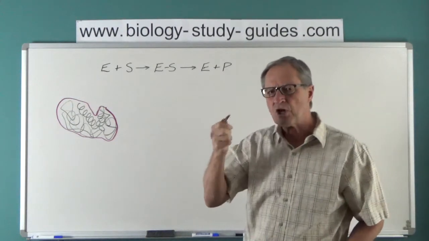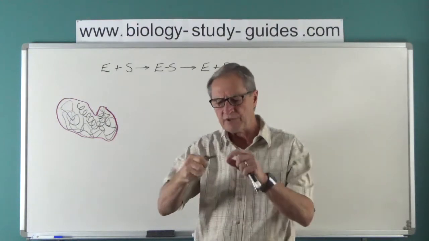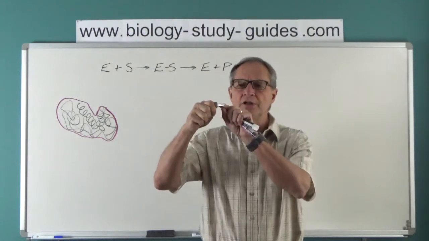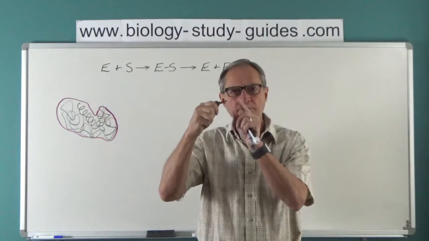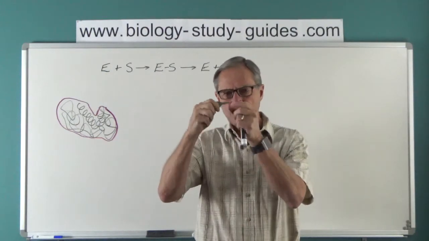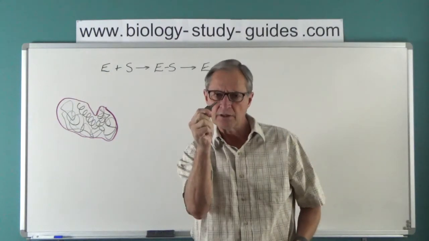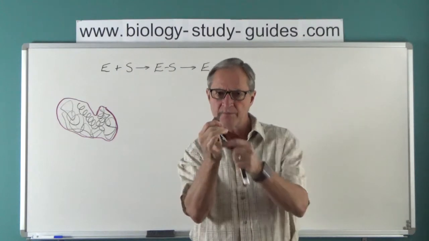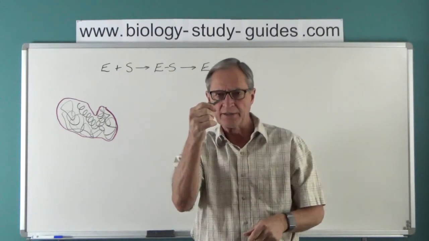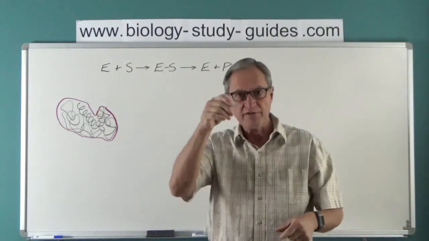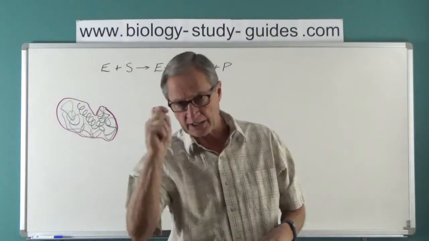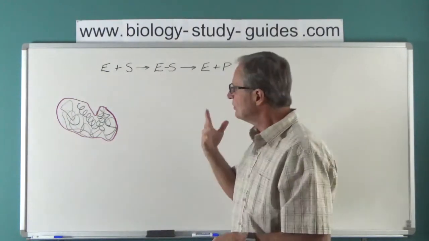The reason it's called the lock and key model is because of the absolute uniqueness of shape and how important shape is. If the shape isn't exactly perfect, this key might work, this key might not. And they're very, very similar. Lock and key model. So it looks like this.